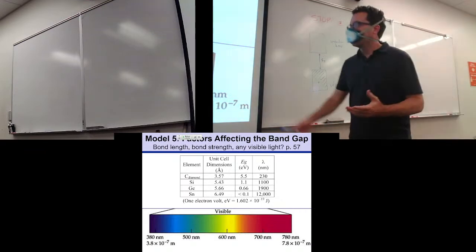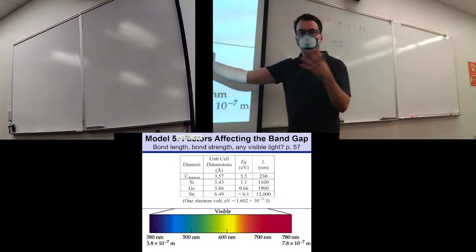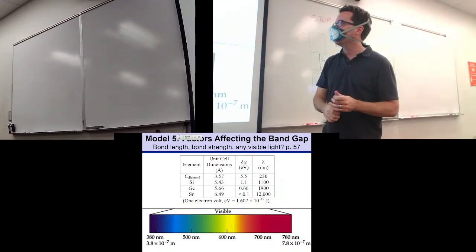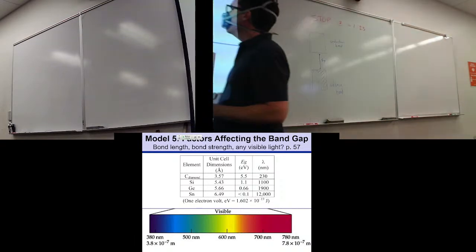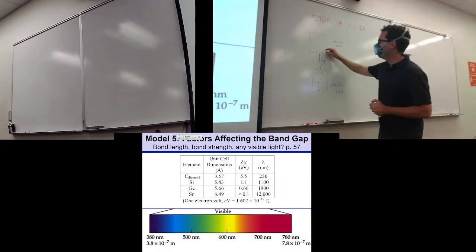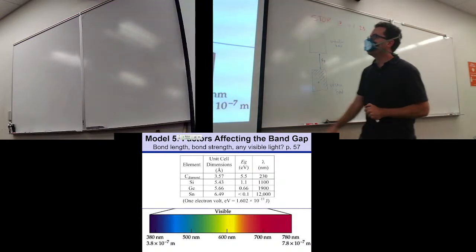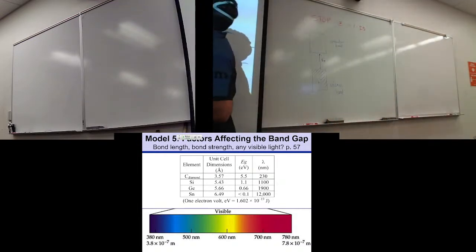So we looked at how the size of the unit cell, these are all diamond crystal structure or zinc blende, depending on if it's a compound or not. And here is the energy of the photon that is emitted when an electron drops from the conduction band back to the valence band. So the bigger the band gap, the higher the energy.